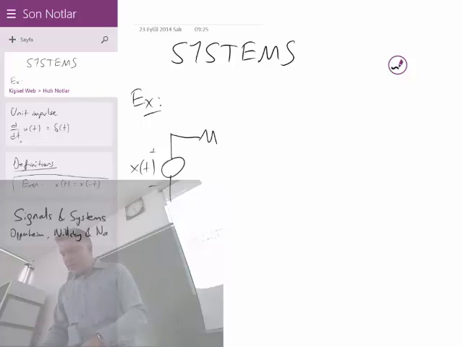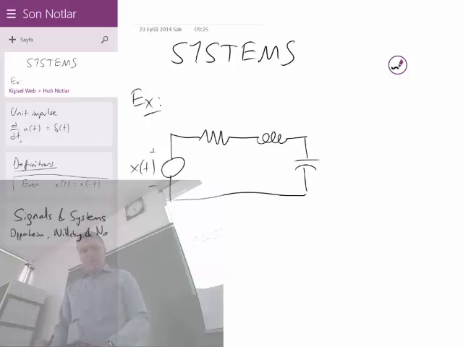It's a simple RLC circuit. The input is x of t, and the parameters are R, L, and C. Let's keep it parametric. And we measure the output as the voltage across the capacitor, as y of t.